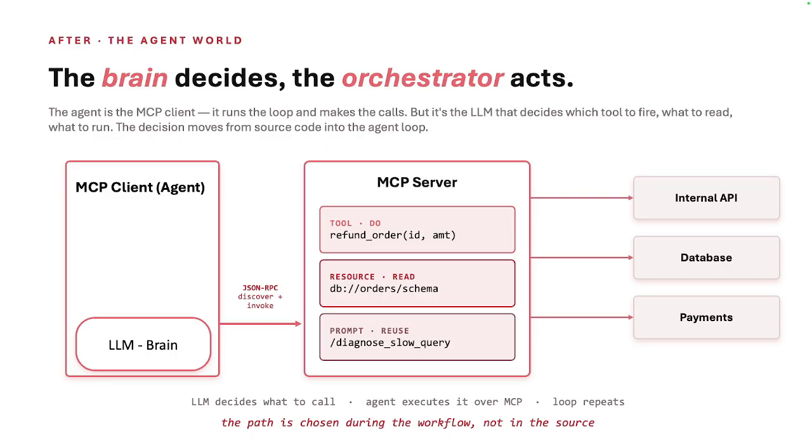So essentially, whenever an agent is trying to orchestrate a complex workflow using the brains of the LLM, it uses the MCP server to give itself the information of all the tools that are available at its disposal, all of the resources that are there, all of the prompts that it can reuse.